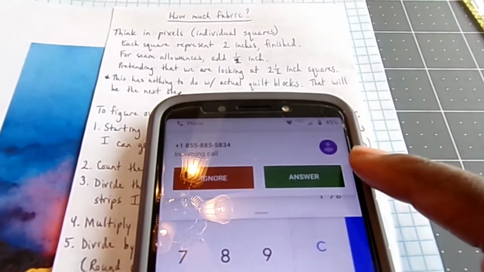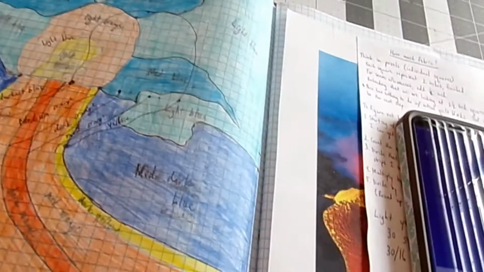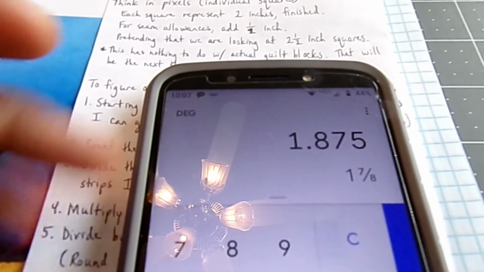All right, so that's the number of strips. So that would be 2 strips. Let me write it here. Equals 2 strips, and that's approximate, of course.